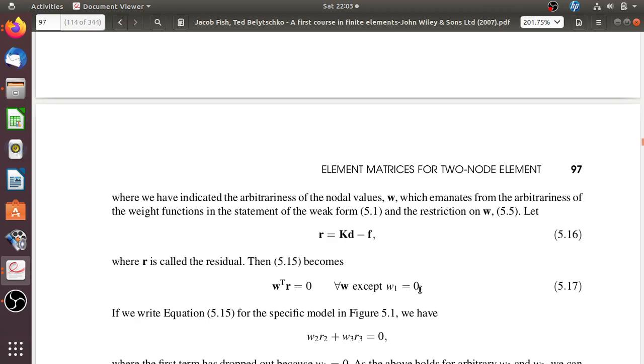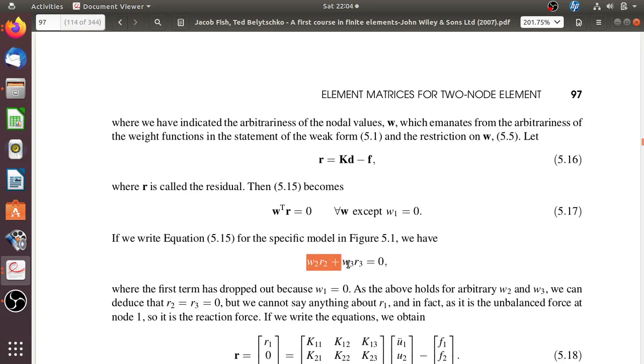Okay, so with that, if I include this condition, then this equation is going to give me this equation. Okay, actually there will be w1 times r1, but we have imposed w1 is equal to 0, therefore we are having only the remaining terms. So summing the remaining terms goes to 0.